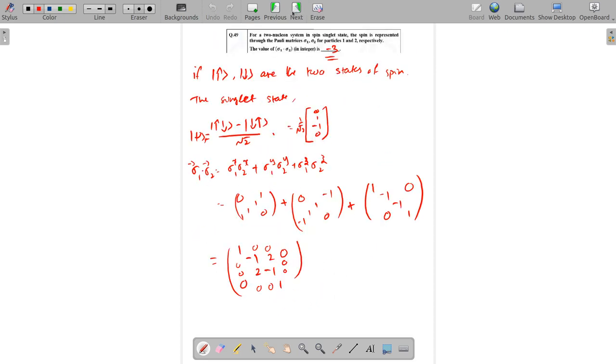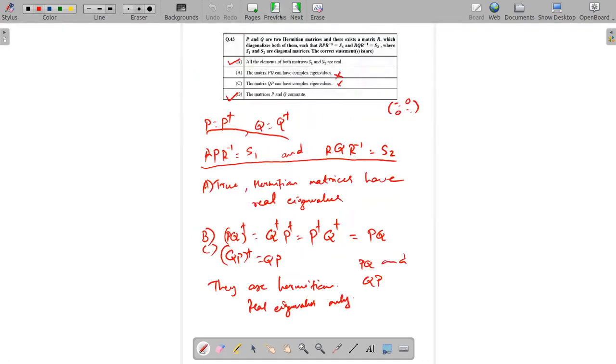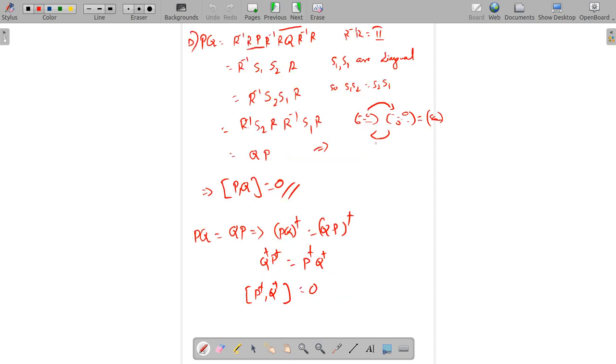Okay, just a recap. This is the main point you have to remember here: for any Hermitian matrix, you should have only real eigenvalues. And what else is used here? Any diagonal matrices S1 and S2, if you multiply them, it is easy to see that S1 S2 equals S2 S1.